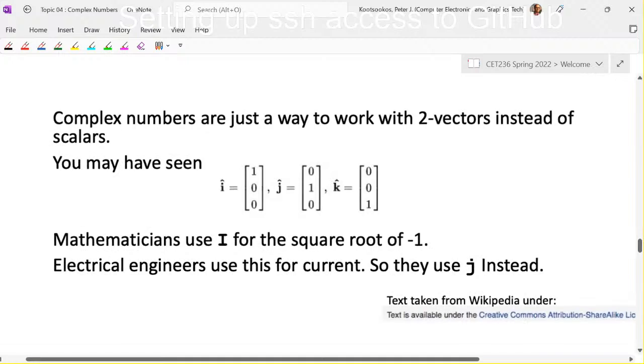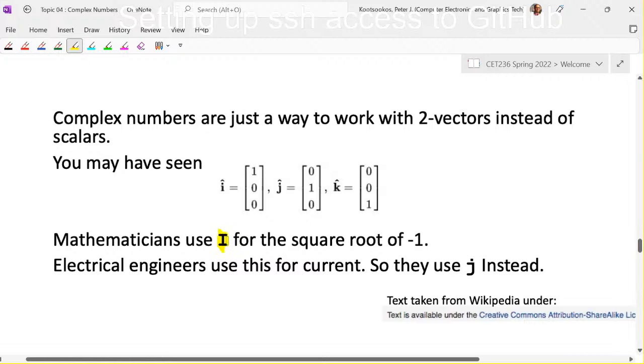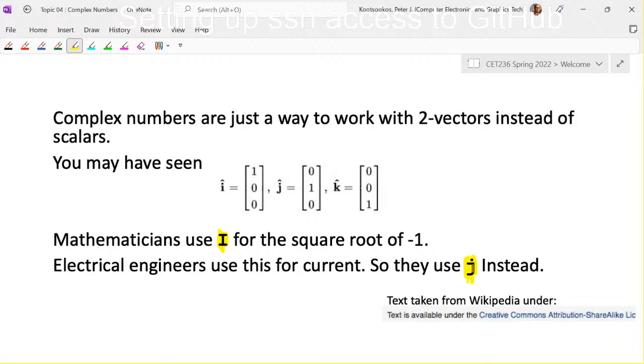So that's just my explanation again, that I'm not going to use a small i, I'm going to use j, because we've been using i for current throughout this course. One partial justification is if you ever use 3 vectors, usually the unit x-axis vector is i, the unit y-axis vector is j, and the unit z-axis vector is k.